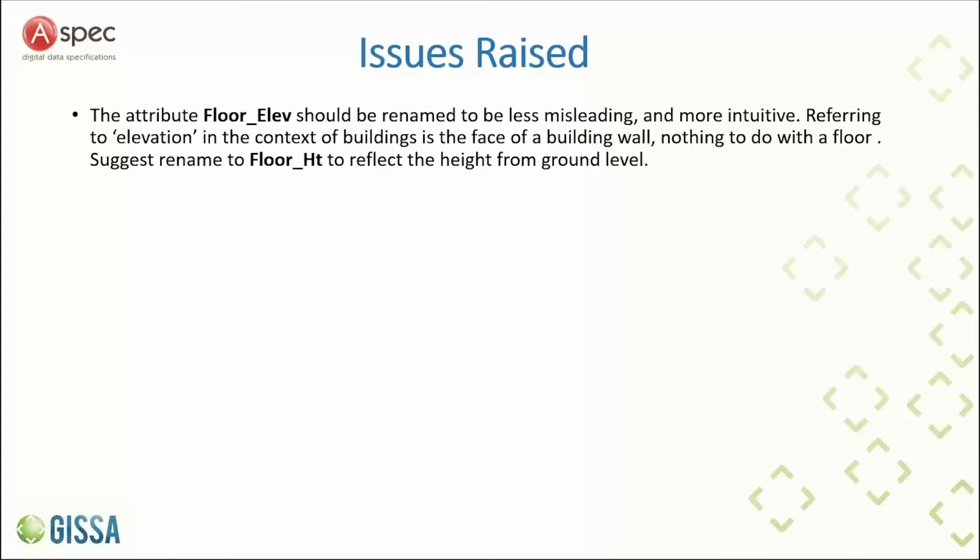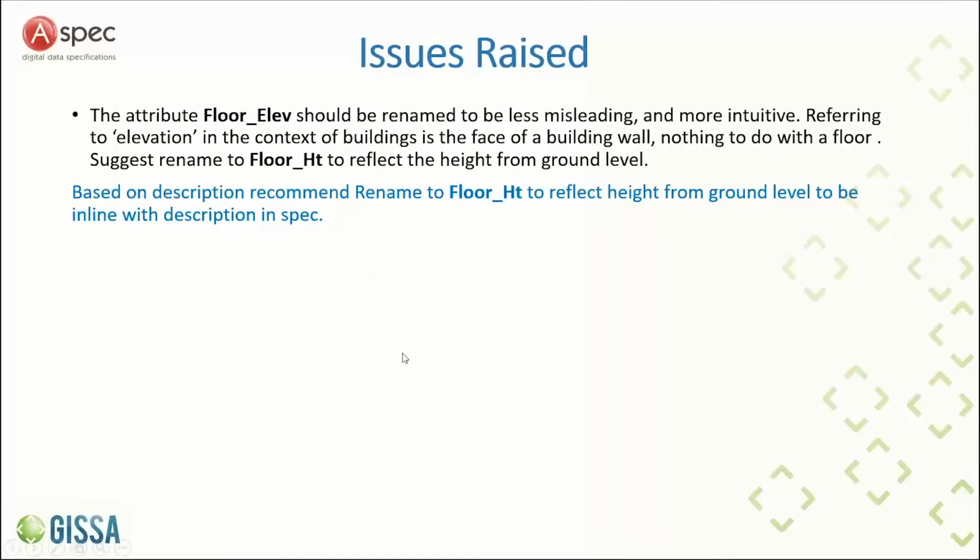Again, another request. The attribute floor underscore elevation to be renamed because it's misleading. And the request is that it be renamed to floor height to reflect the height from the ground level. And that's what the recommendation is.